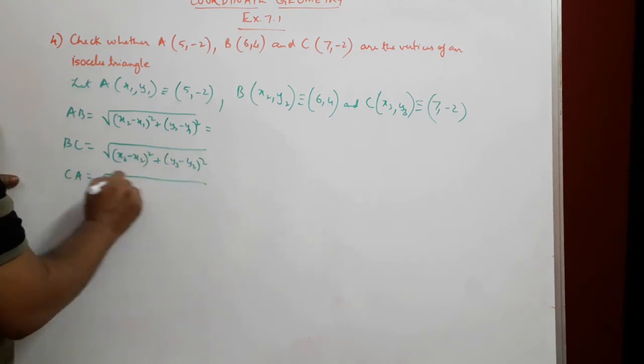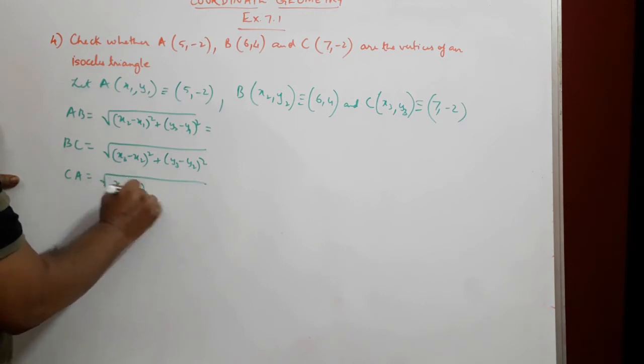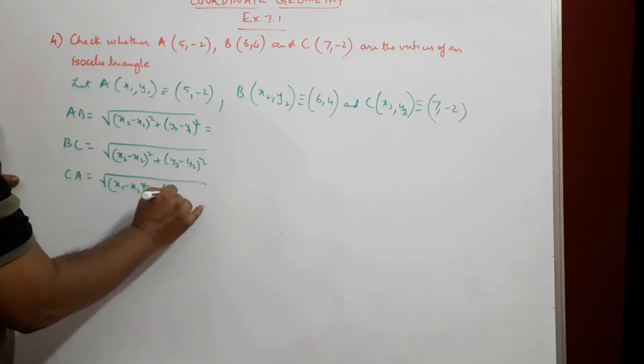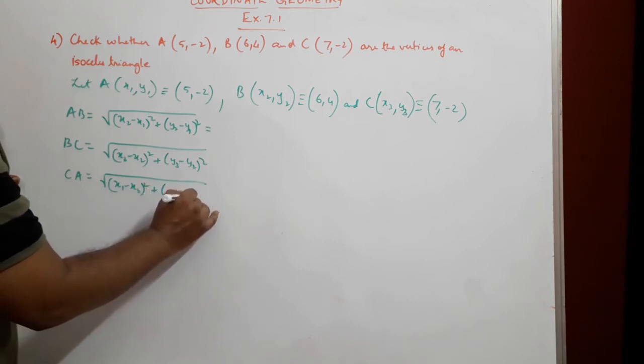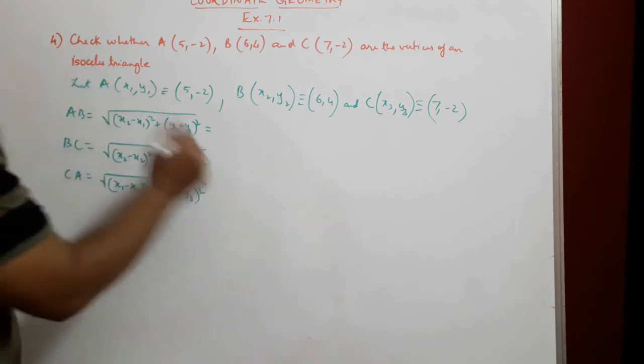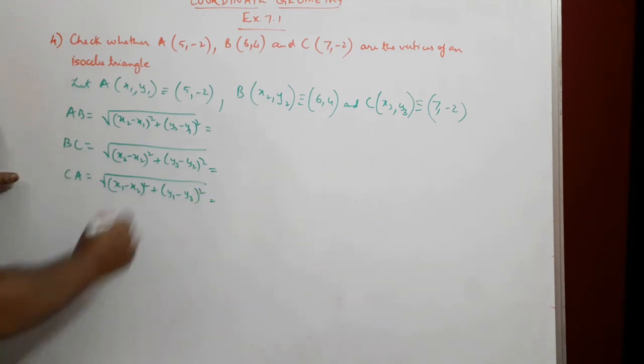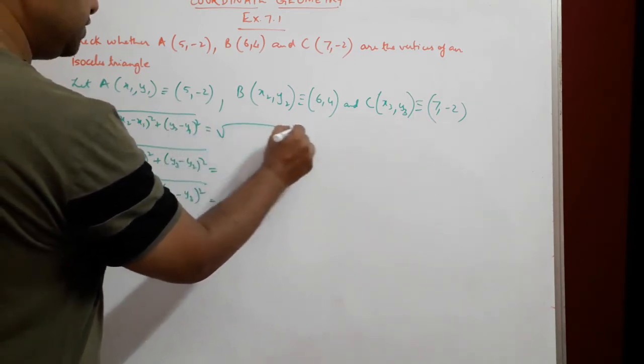Similarly CA would be x1 minus x3 whole square plus y1 minus y3 whole square. Okay. Now let us begin substituting one by one.